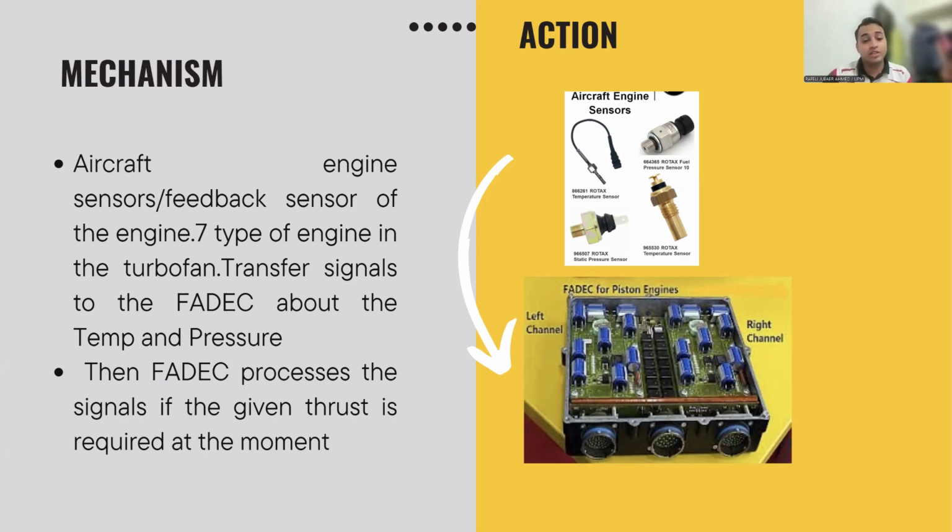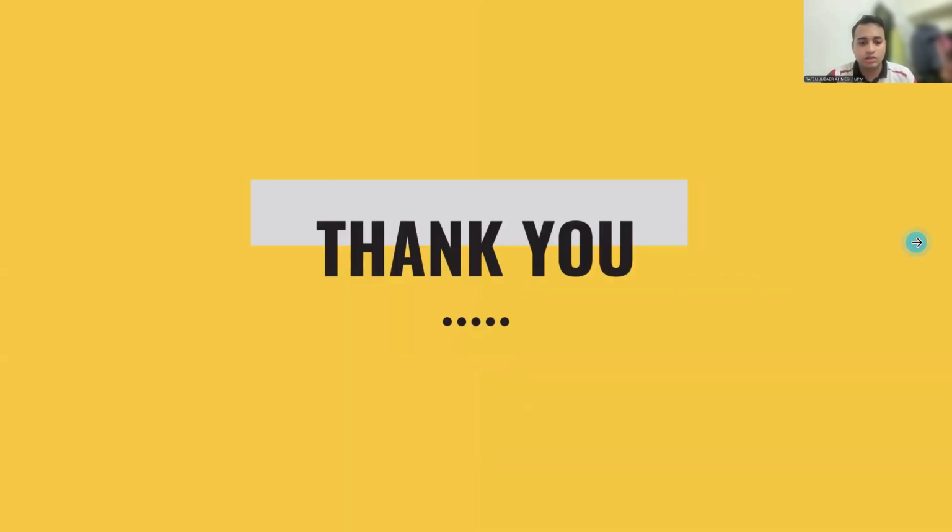So there are 7 types of sensors in the turbofan engine: FADEC pressure control sensor, total air temperature sensors, high temperature pressure sensor, RTD temperature sensors, thermocouple, and speed and RPM sensors. There are many types of sensors there. Can you move to the next slide?